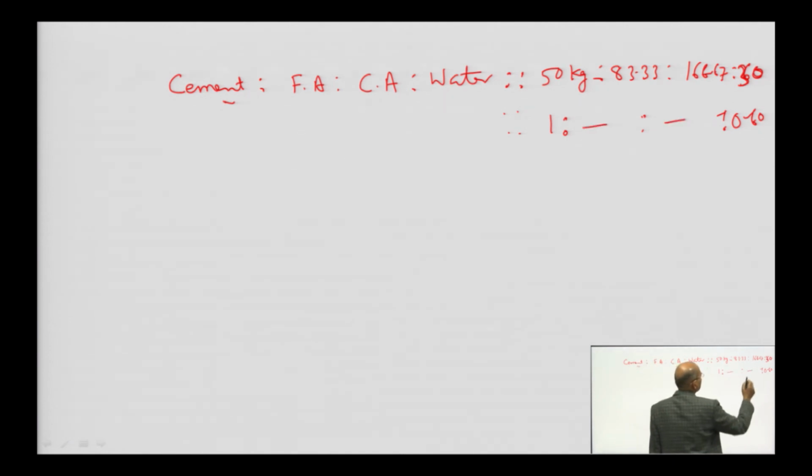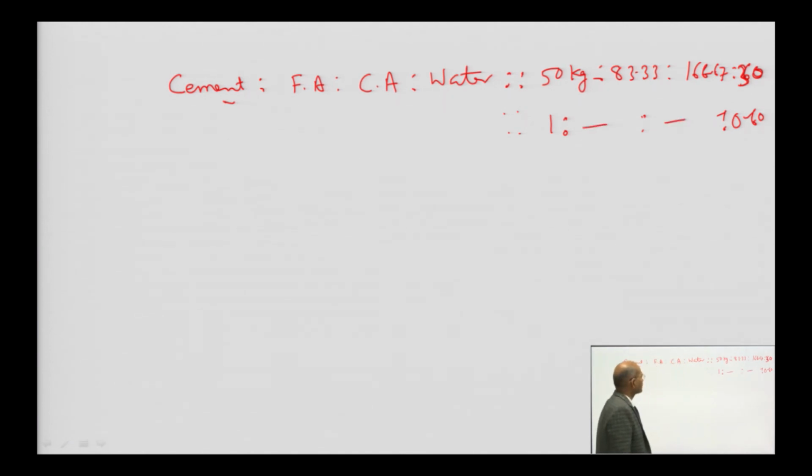You fill it in here, and you can get the value. So, like that, suppose you want to calculate for a certain weight of concrete, you can find out the amount of ingredients with the help of this ratio.